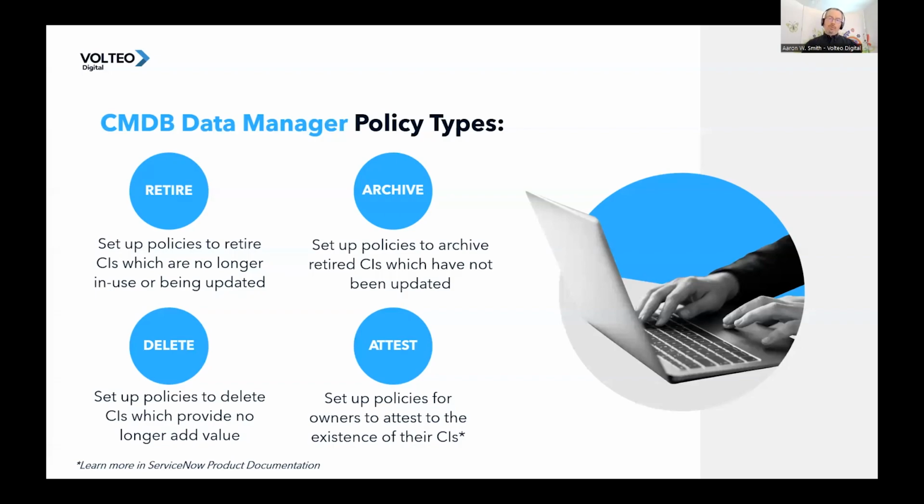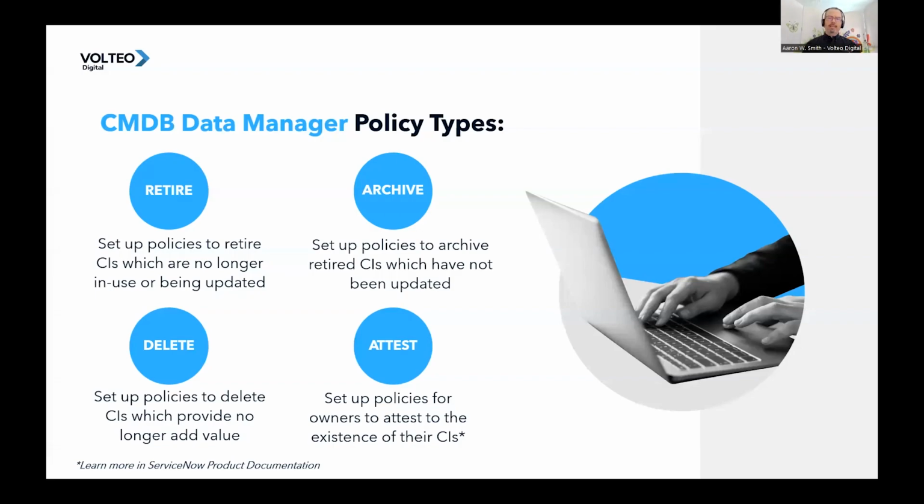Archive policies also give you an option to configure at the same time a secondary delete step that will be tracked per a set of days, and I'll cover that in the demo if you stick around for it. Finally, there is attest or attestation policies as well.